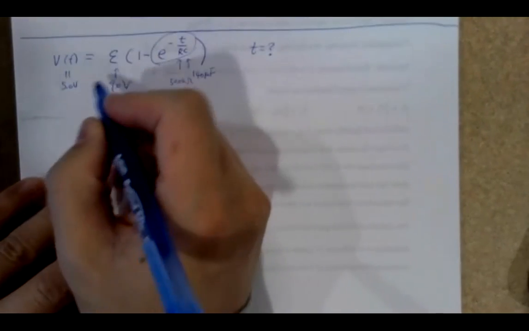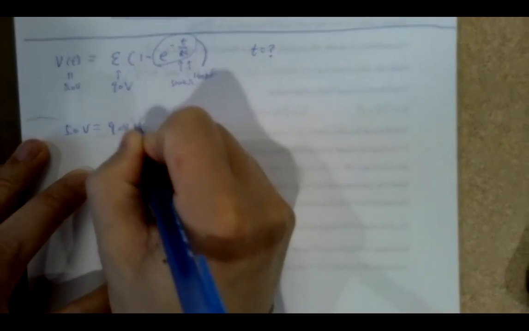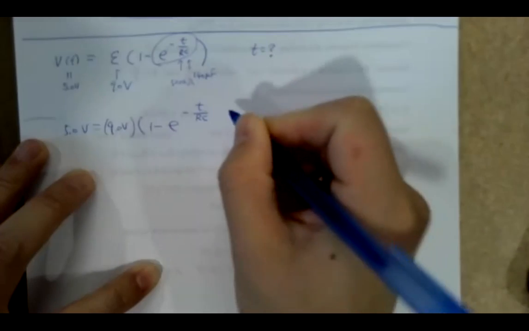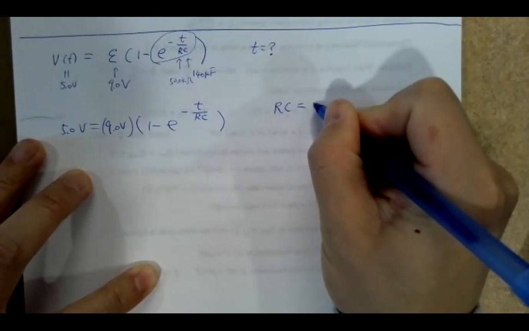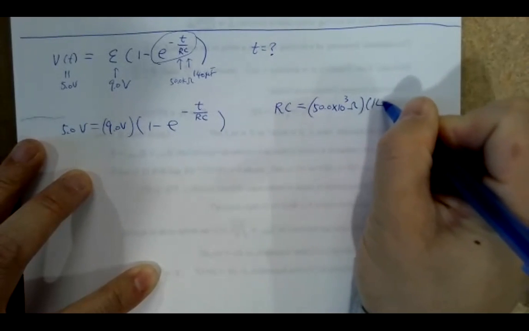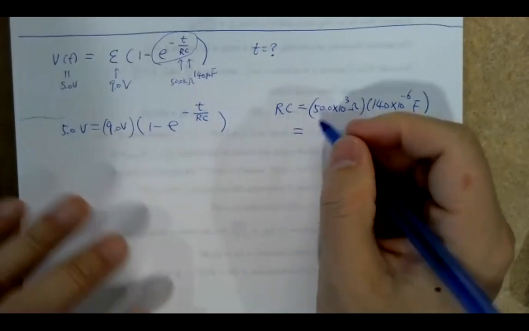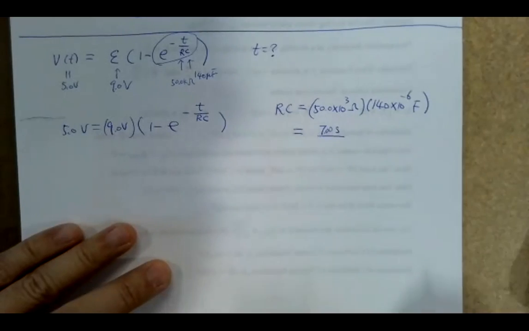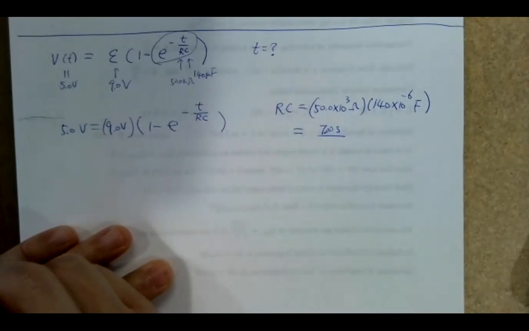So it's 5 volts equals 9 volts times 1 minus exponential of minus t over R times C. You can calculate R times C: it's 50 kilo ohms times 140 microfarad, 10 to the minus 6. That will give you exactly 7 seconds. So this R times C is 7.